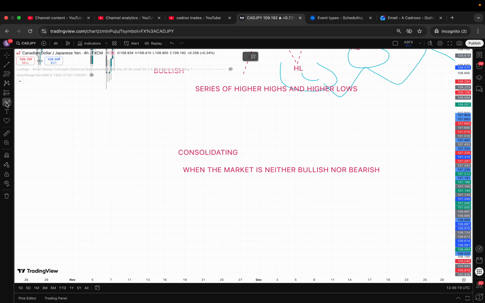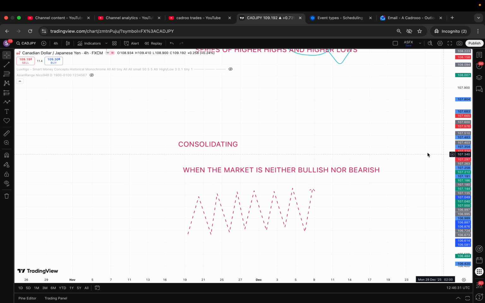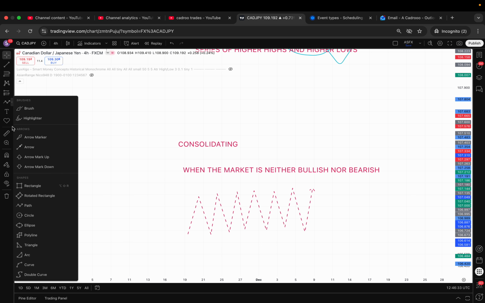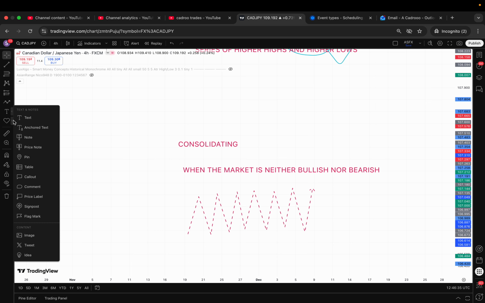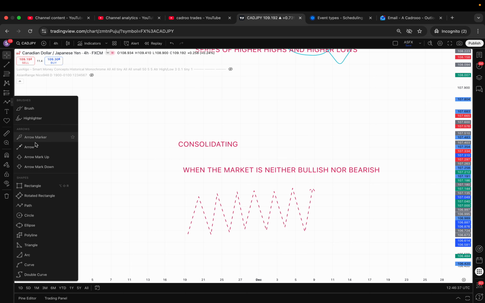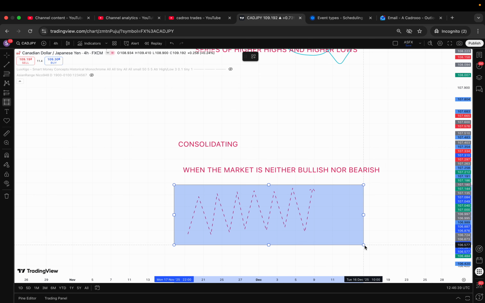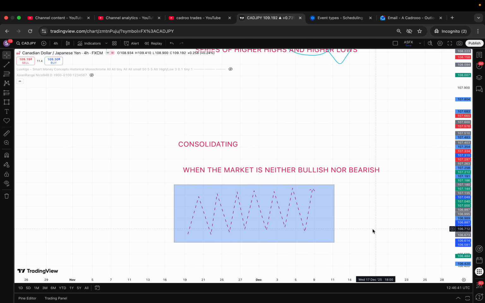And this is an illustration of a consolidating market. This is literally an example of a consolidating market.